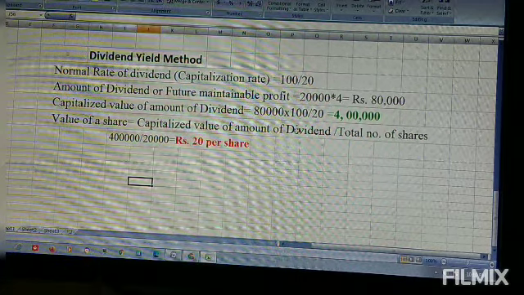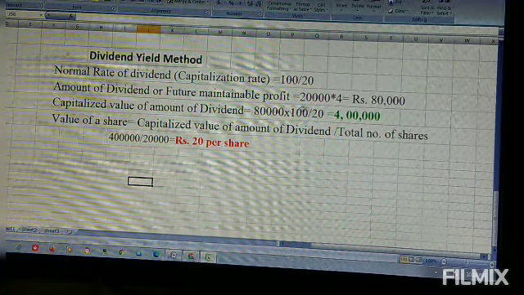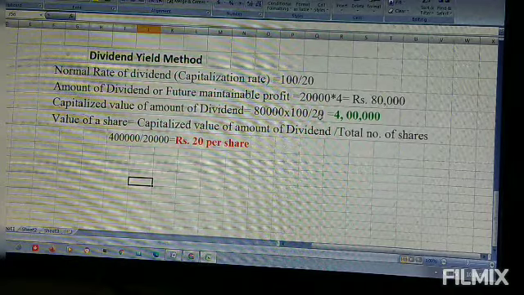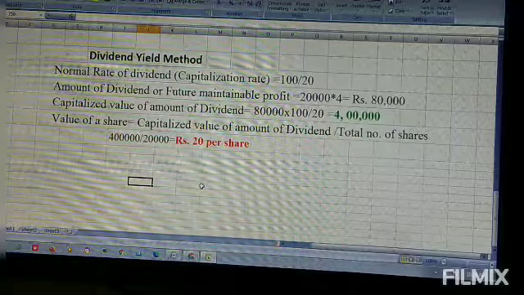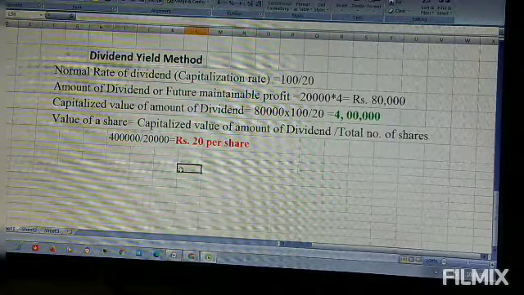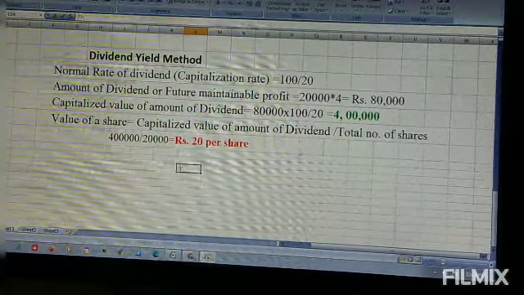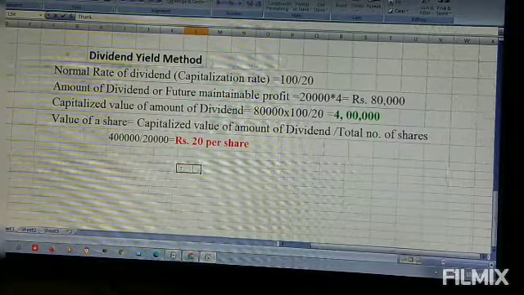You cannot take the dividend rate. Always remember, you have to take the normal rate of return only to capitalize. I hope you can try more problems of this kind.